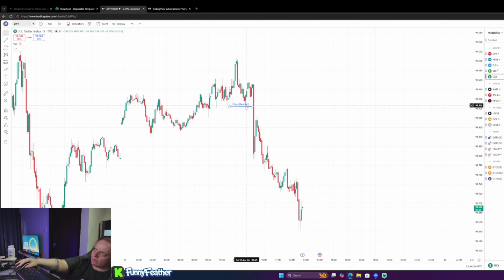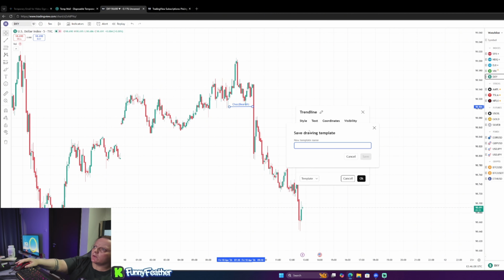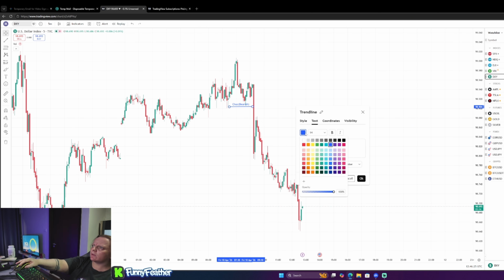So now what we do is we save it. Save as. We can save as CHoCH bearish. Save. Okay. And I can also change the color too if I want.